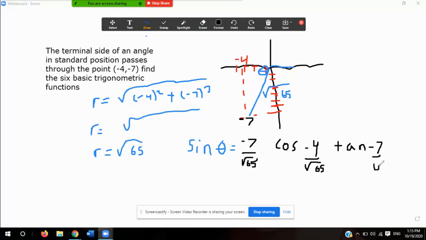And now we do the cosecant, which is pretty much the opposite of the sine. So that would be the square root of 65 over -7. The secant, which is the opposite of the cosine, is the square root of 65 over -4.